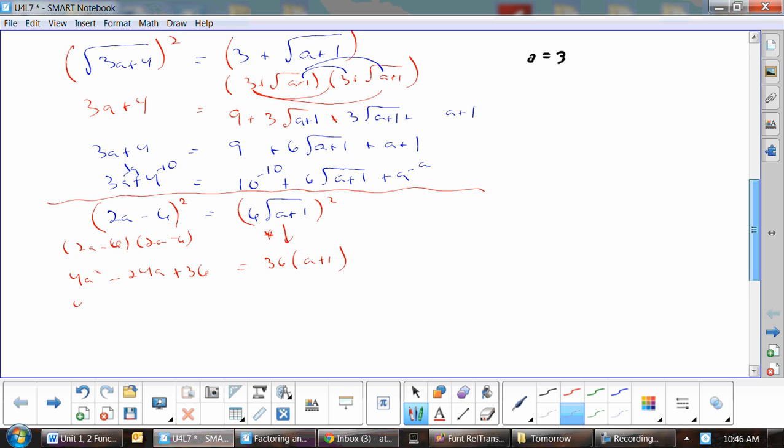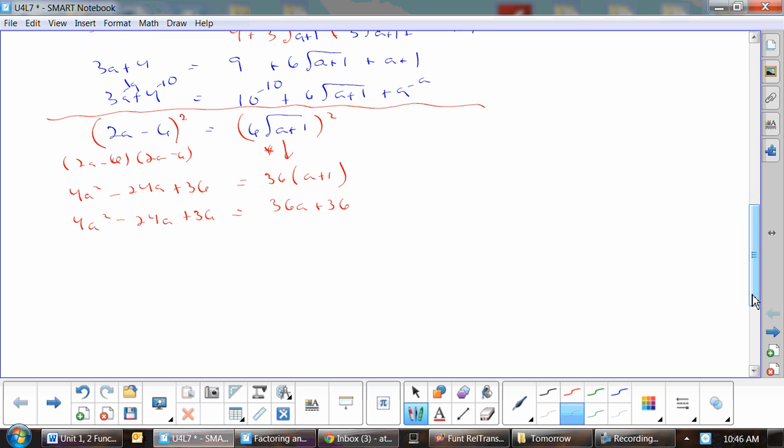Which, let's do it. Okay, I didn't do anything on the left, just rewrote. This is 36a plus 36. I swear, if you did this question over and over and over again, you would get better and better at these. You don't have to pick different ones all the time. Okay, so 4a squared, remember what I got to do now.